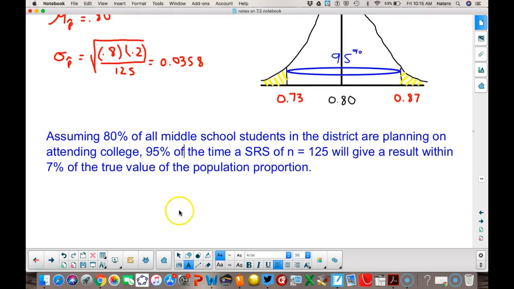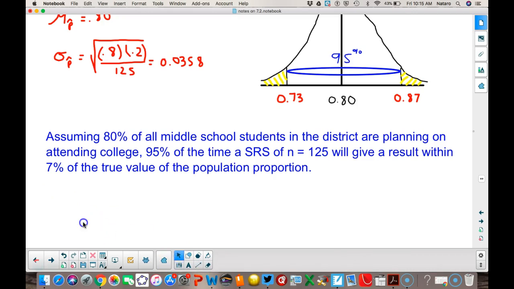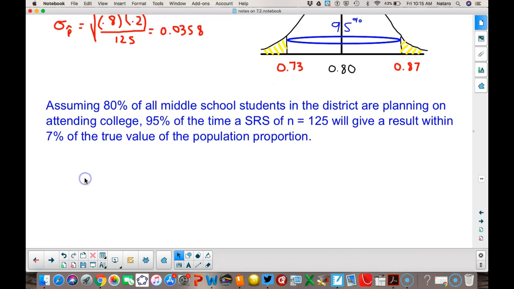If you wanted to, you could actually do the z-score calculations, as I mentioned earlier. There's our z-score calculation. The value of 73% minus 80%, divided by our standard deviation, gives us a z-score of negative 1.6.